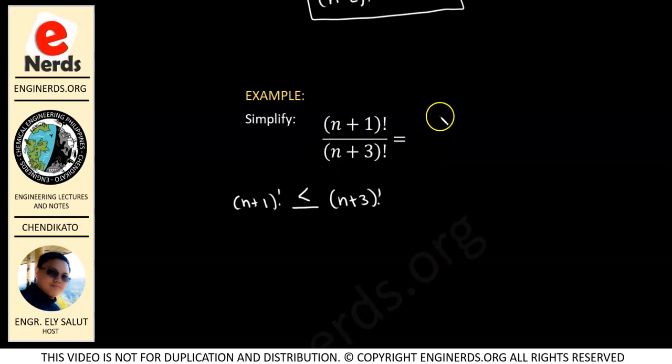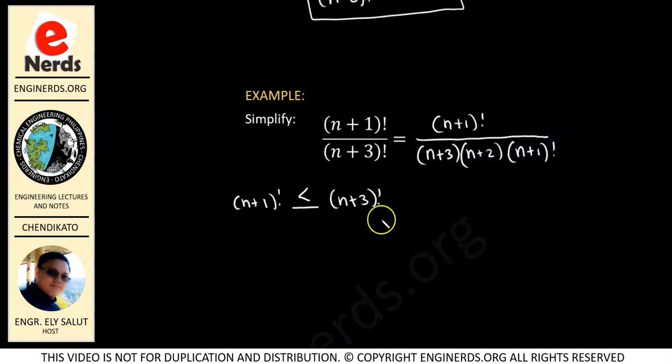Okay? So, in our numerator, we have n plus 1 factorial and then we expand our denominator. We have n plus 3 times, we will subtract 1. So, we have n plus 2 times n plus 1 factorial, right? Now, again, we have n plus 1 factorial in the numerator and n plus 1 factorial in the denominator. So, this will be cancelled out.